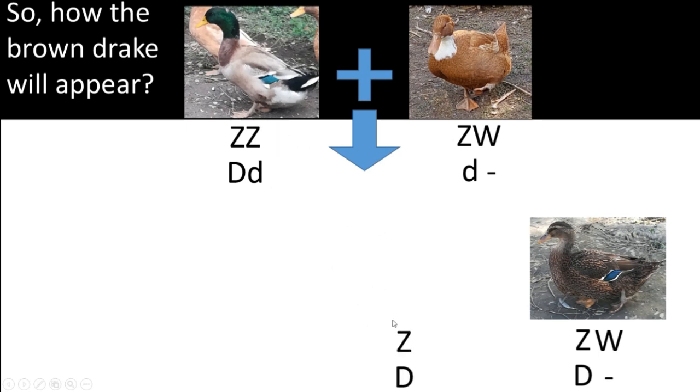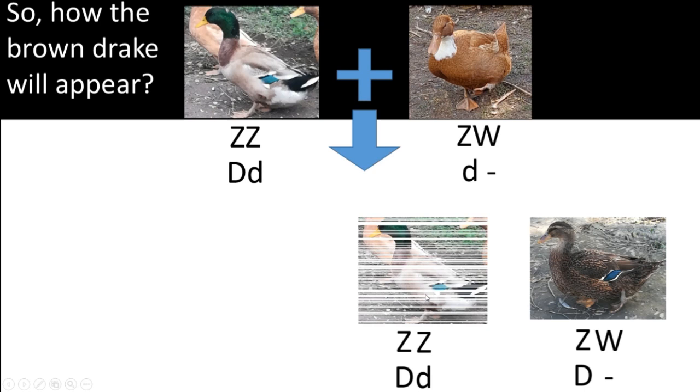If the drake gives Z with non-brown and the female gives the Z with brown, it will once again be a wild colored drake, like the father. Actually, he is carrying the brown, and we know that he does contain one brown because there is nothing else the mother could give him.